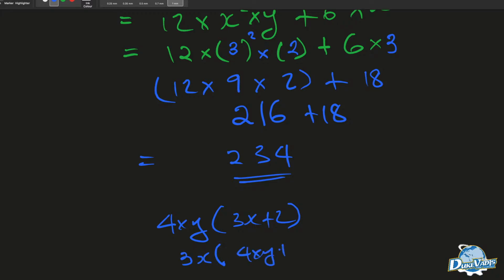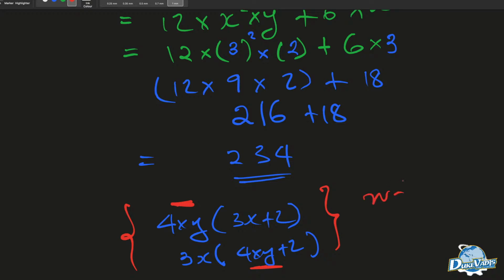4xy plus 2. You see, when we look at these 2 statements mathematically, okay, they are different. Even though we have 4xy here and 4xy here, they will never ever be the same, even when we assume that our value for x is 0.